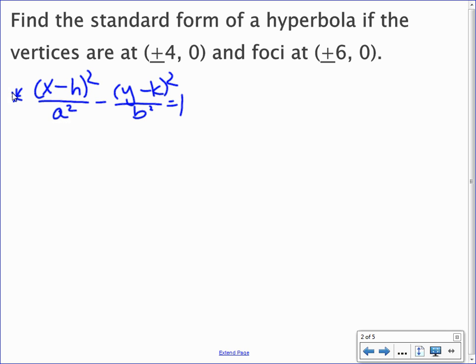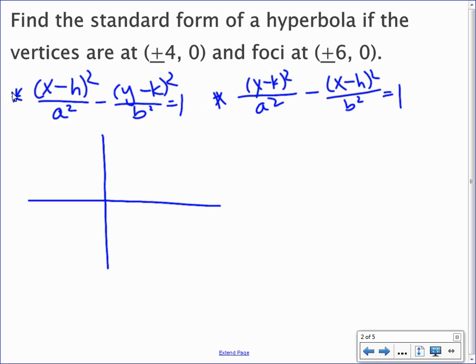That's if it's horizontal. If it's vertical, what switches? The x and y. And the a squared and b squared stay put. Just like before, I prefer that you sketch some of the pictures so you can get an idea of what's going on. So in this case, we have vertices.